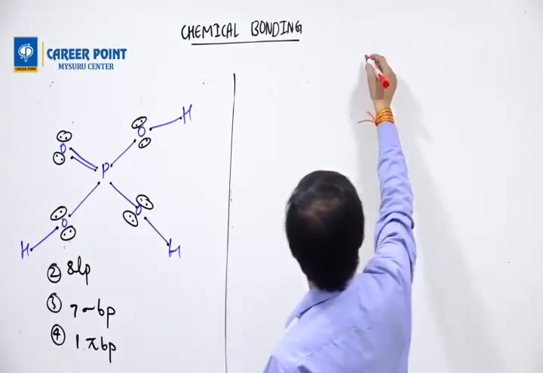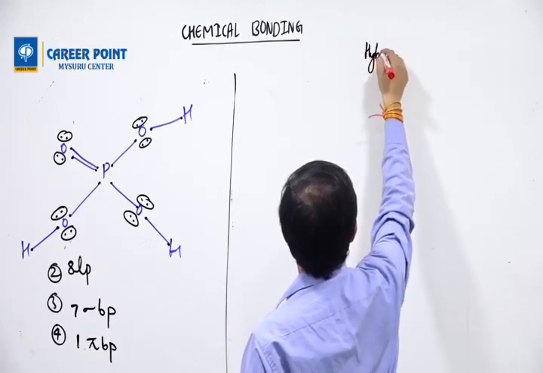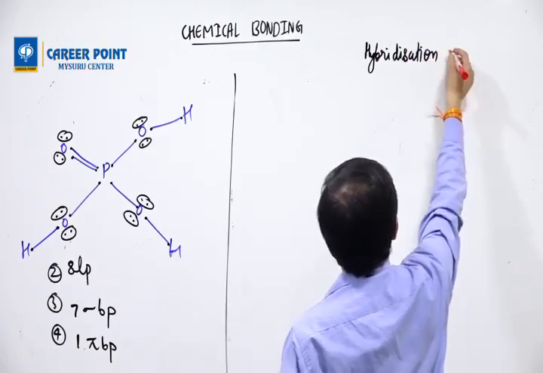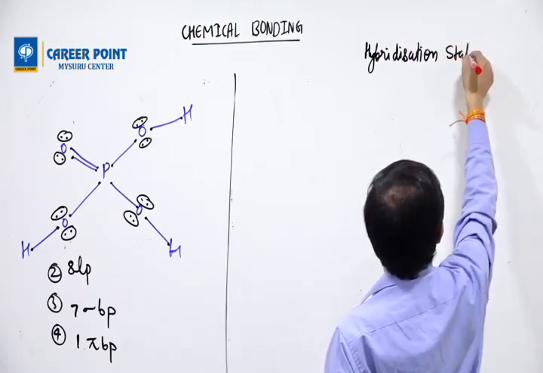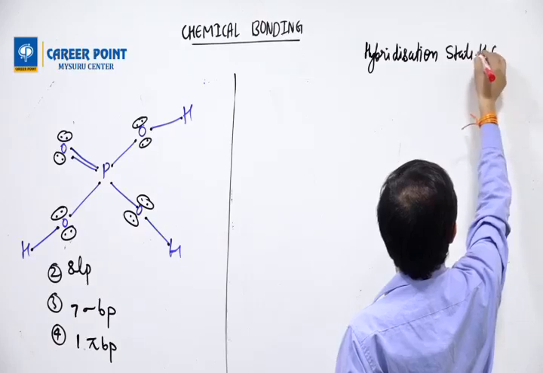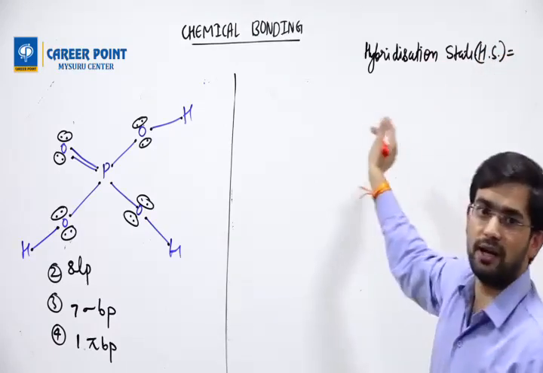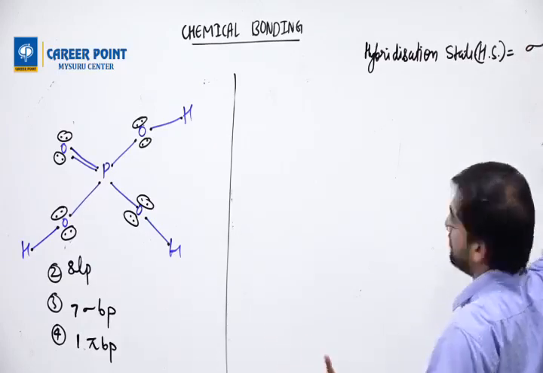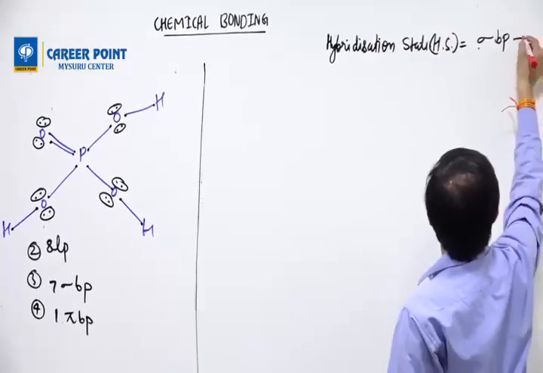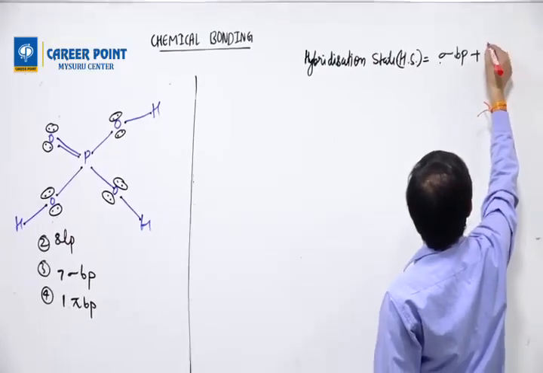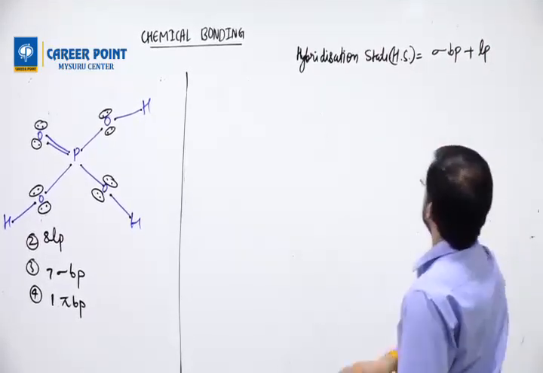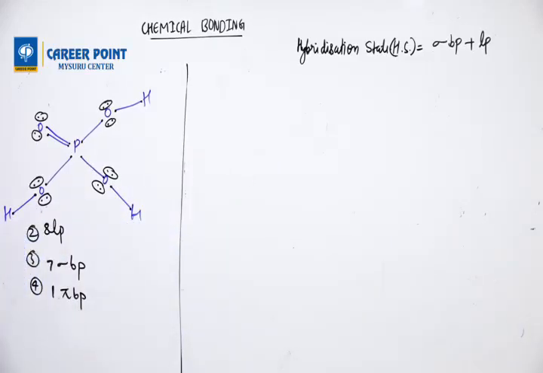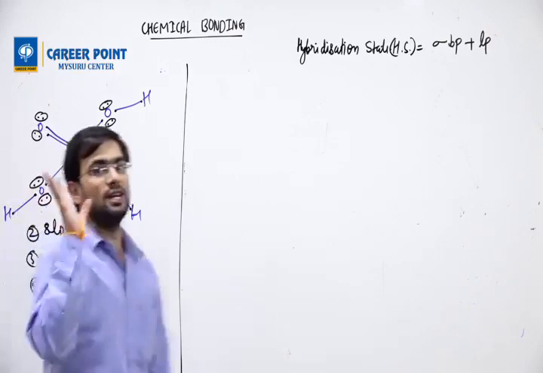Then we'll find out the value of something called hybridization state, which is also denoted by HS. To find the hybridization state, what should I find? I will find two things: the number of sigma bond pairs plus the number of lone pairs.